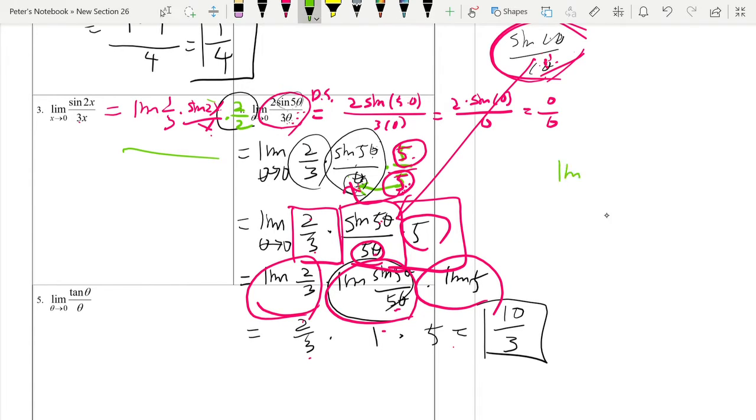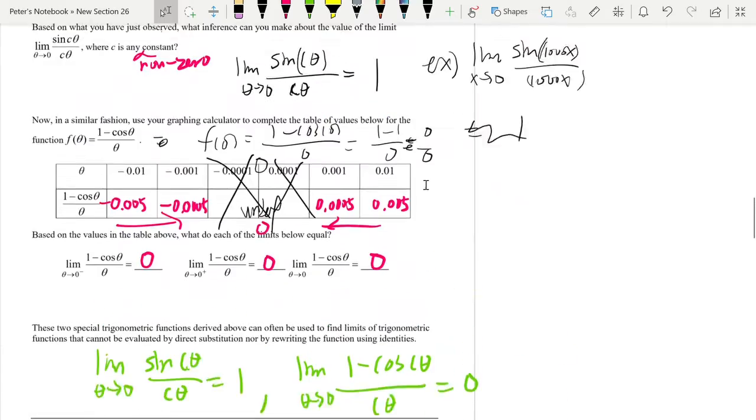When I looked at the limit of 2 times sine of 5 theta over 3 theta as theta approaches zero, how do I approach this with direct substitution? We got 0 over 0 there, so we ask what technique we can use.